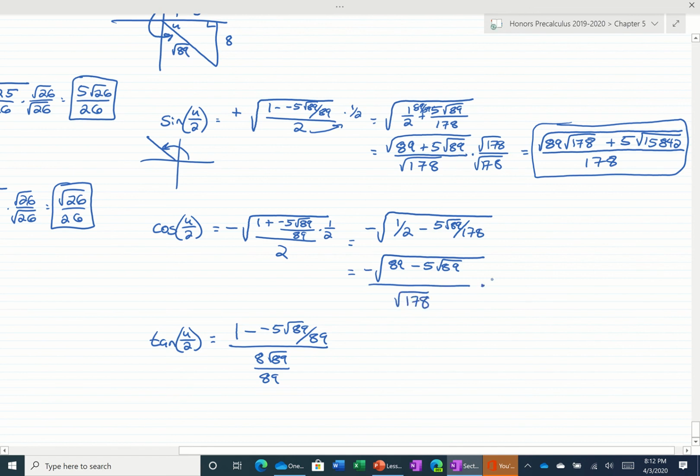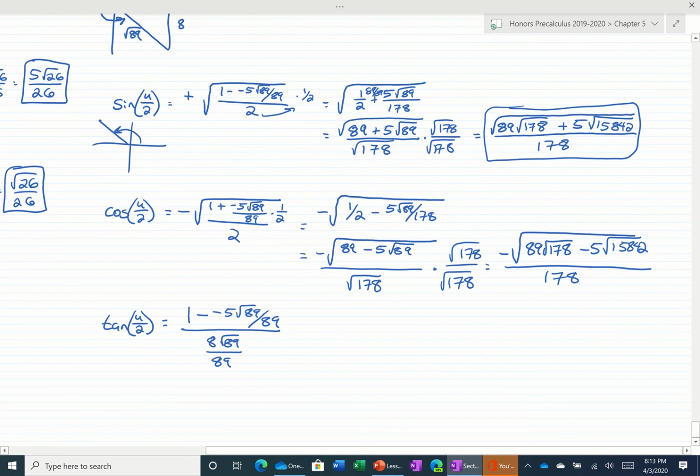And then if we multiply top and bottom by the square root of 178, we get negative square root of 89 root 178 minus 5 root 15,842 all over 178.